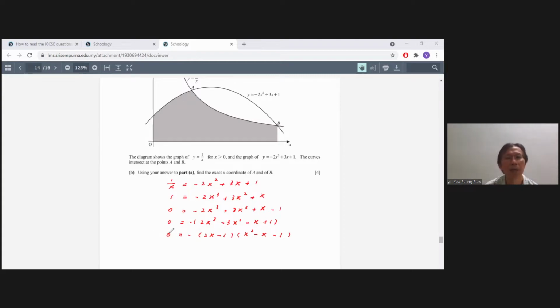Negative, you bring over the other side, also disappear. So the negative can erase. So one of the answers, x equals 1 over 2.